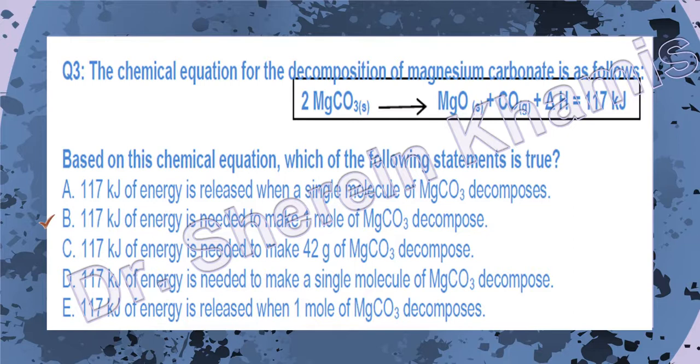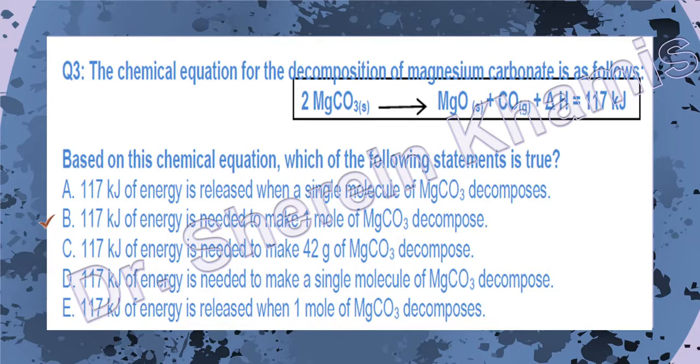We have 1 mole of magnesium carbonate decomposed, so this amount of energy gives 1 mole of magnesium oxide. If we didn't make complete decomposition, we have also less than it. We have also another mole, but this energy is needed to make 1 mole of MgCO3.